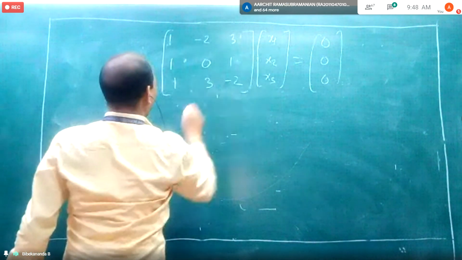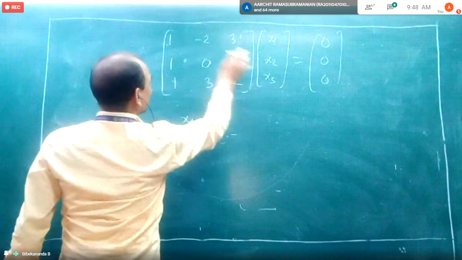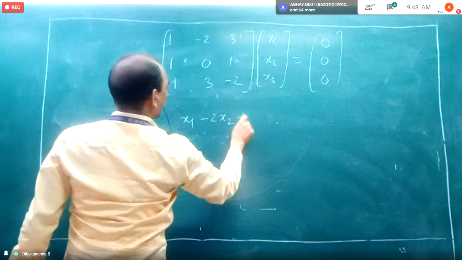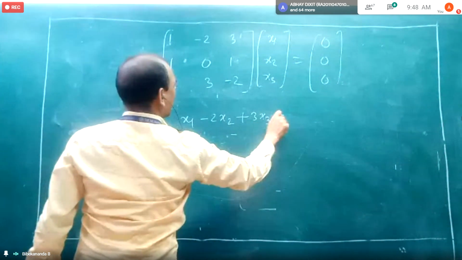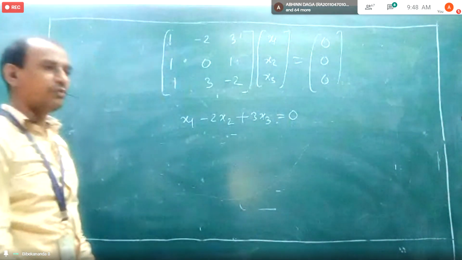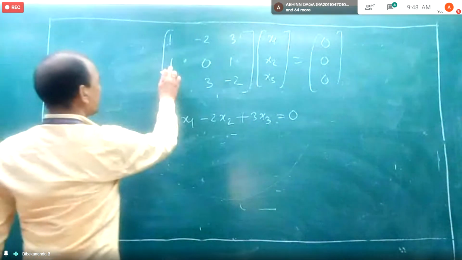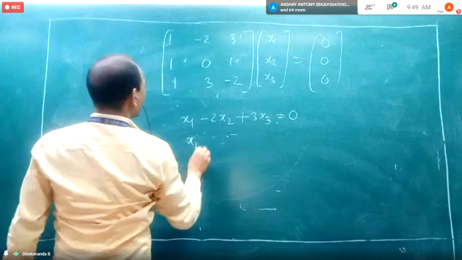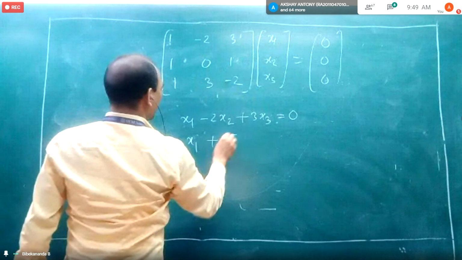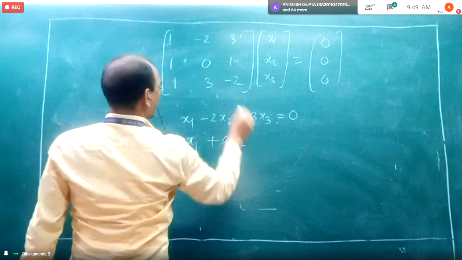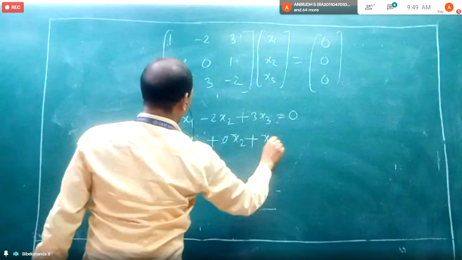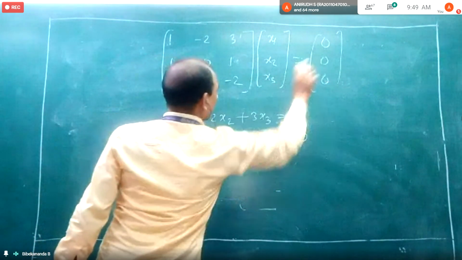This into x1, minus 2 into x2, plus 3 into x3 equal to 0. Then go to the second equation, second row: 1 into x1, plus 0 into x2, plus 1 into x3 is equal to 0.